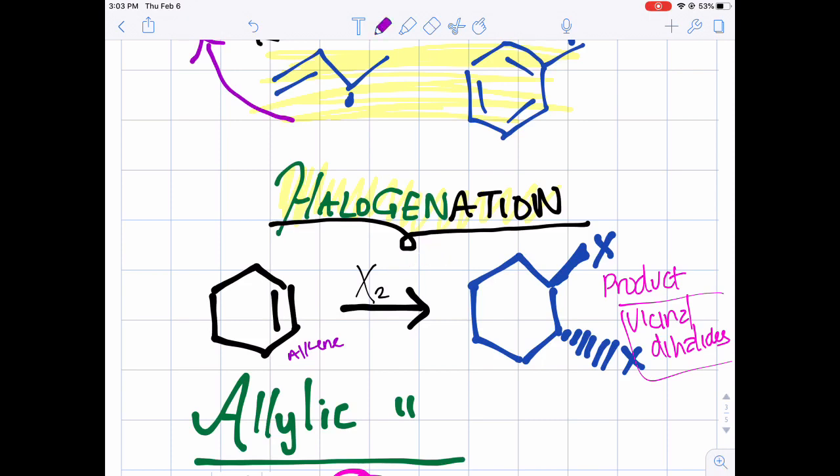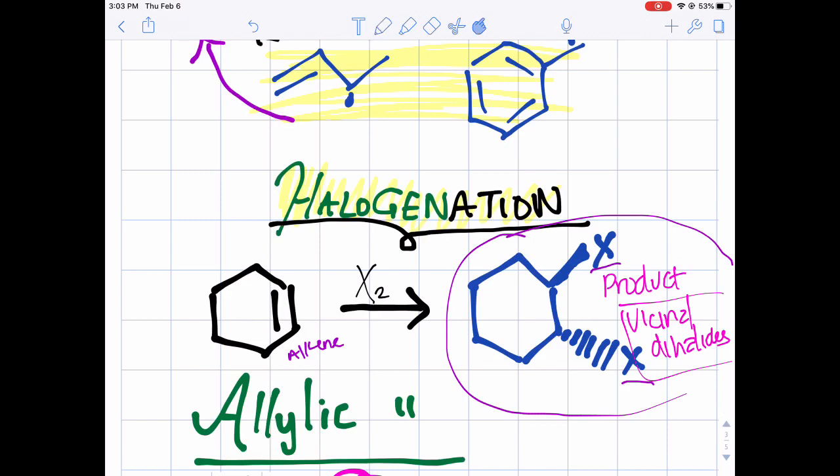Basically, our product for that reaction, if you can recall, is that we will get a vicinal dihalide, where your halogens will be trans to each other, right?